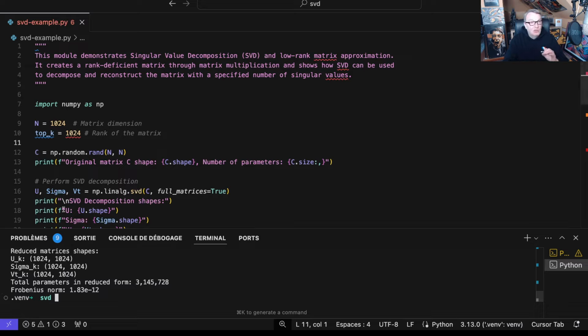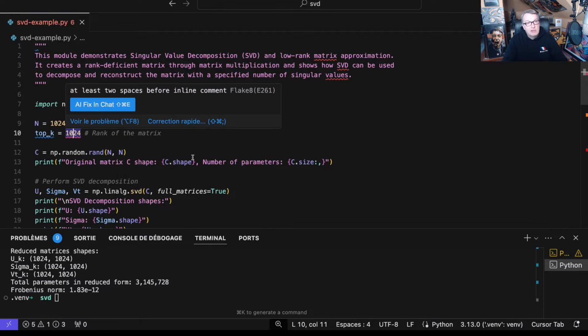If you get a value that's awfully low, you throw away so much information that it becomes impossible to reconstruct. But that's how it is. If you have a high value, you may be able to reconstruct accurately, but you didn't save a ton of memory. You still have a ton of parameters compared to the original matrix. So that's the trade-off.